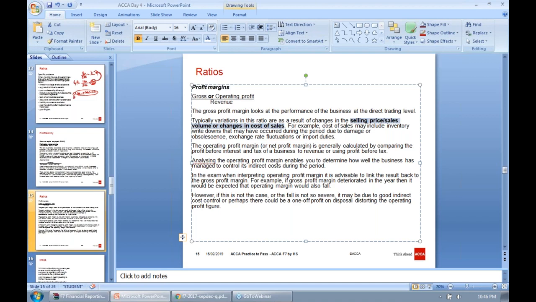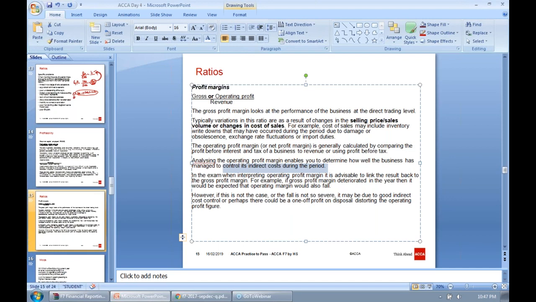The operating profit margin, or the net profit margin, is generally calculated by comparing the net profit before interest and tax to the revenue. Okay, this is again an important point that sometimes the examiner calculates the operating profit margin using the PBIT, or sometimes it uses the PBT. Analyzing the operating profit margin enables you to determine how well the business has managed to control its indirect cost.